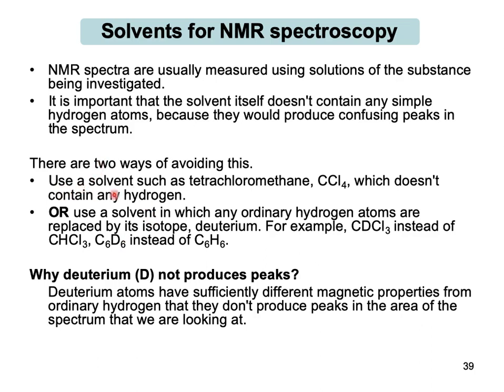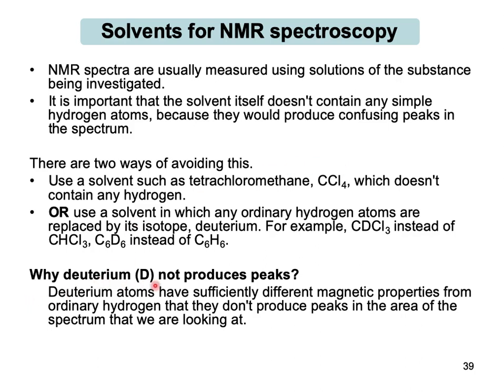The second option is to use any solvent which doesn't have any protons, for example carbon tetrachloride, right? So this is the preference we give for the solvent: we avoid protons or replace the protons with deuterium.